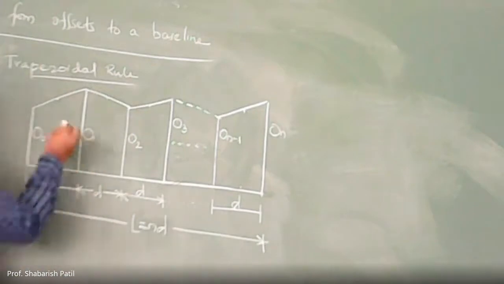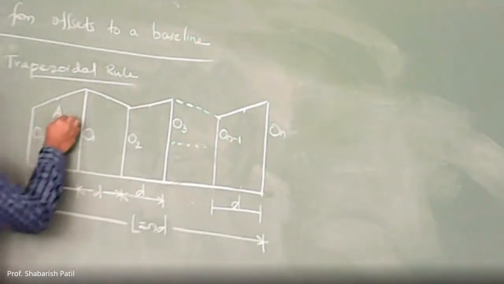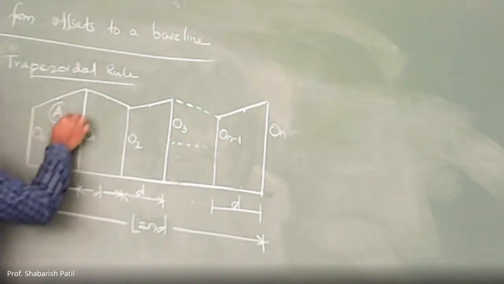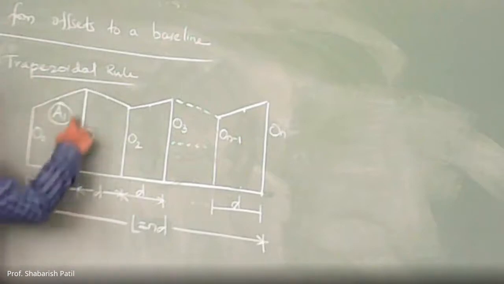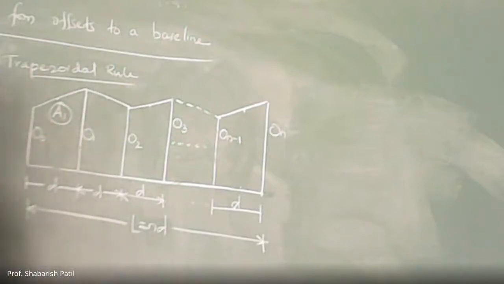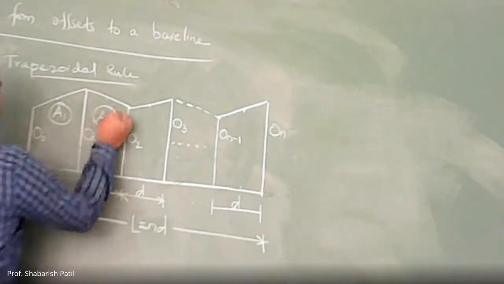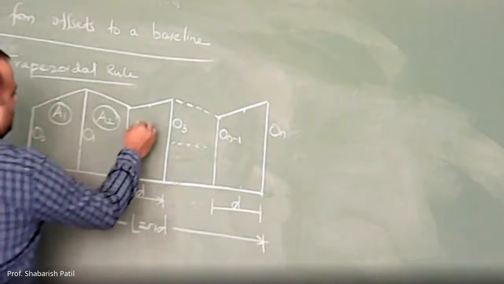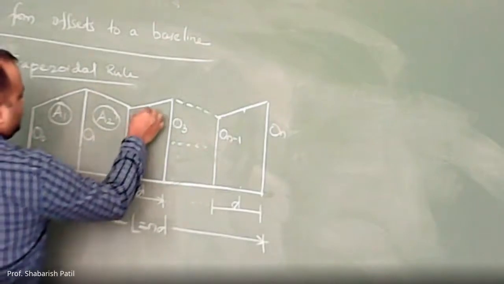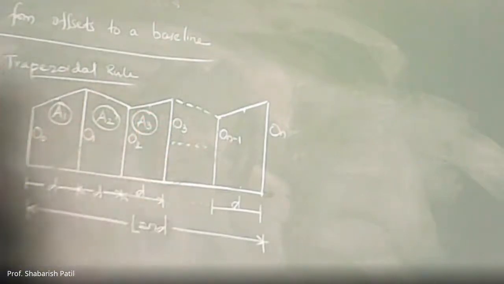Okay. Now I have strips. This is my first strip. Let the area of the first strip be A1. Similarly, let the area of the second strip be A2. Similarly, the third strip A3.